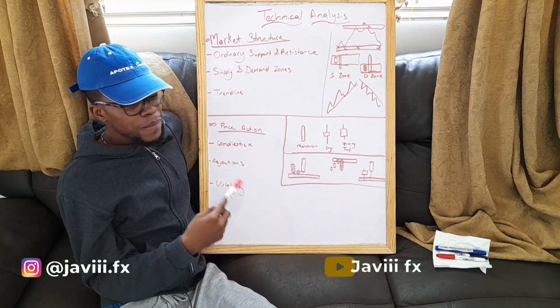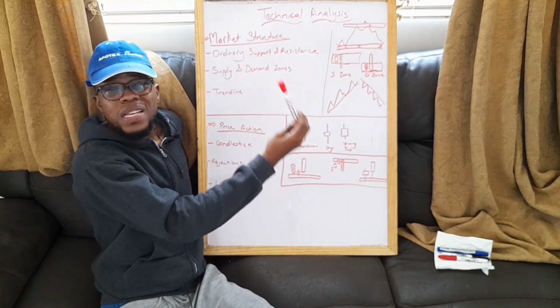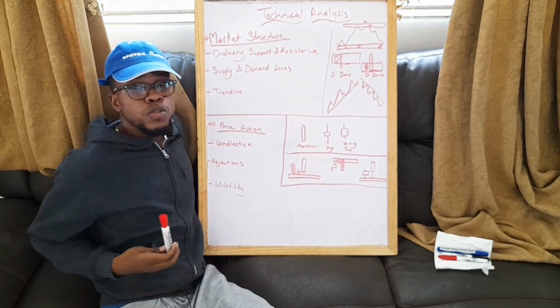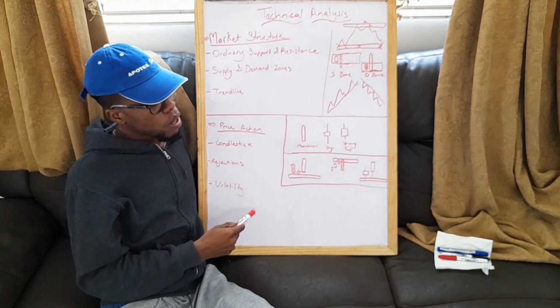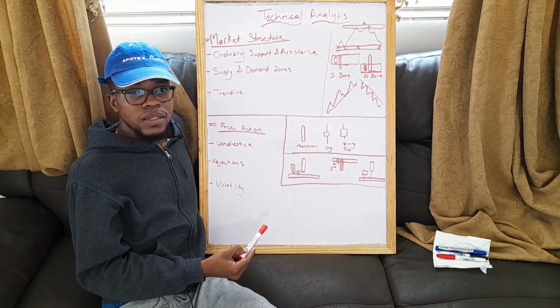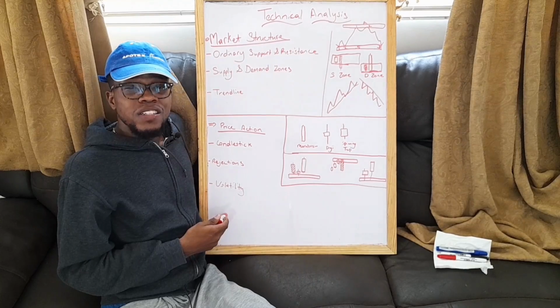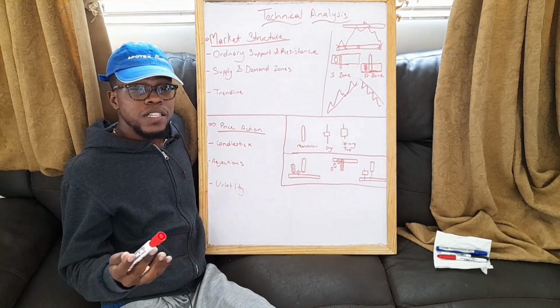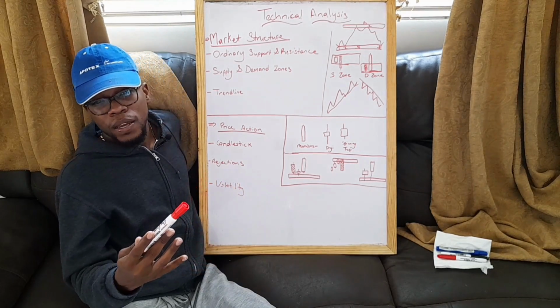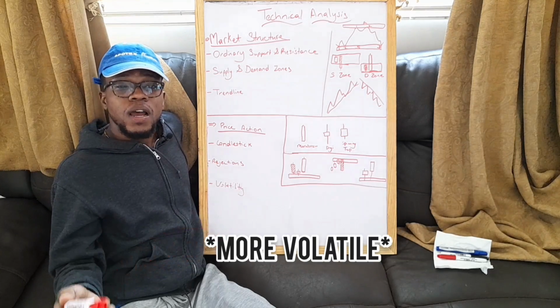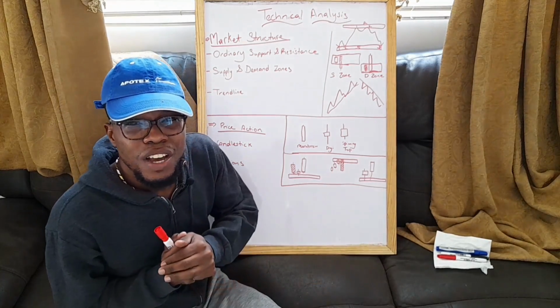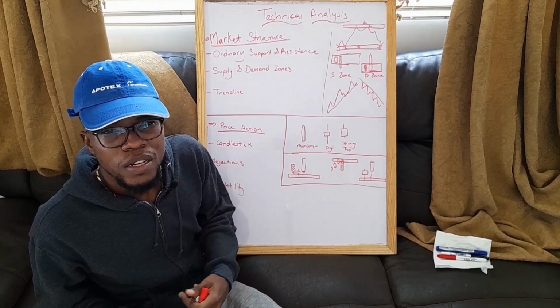Of course, I've been very, very basic, telling you the basic things that you need. Now it's just pointing you in the right direction as to what to study and what to look at. That's my aim doing this video. The volatility of a candle just relates to how fast the price moves from point A to point B. Some markets are more volatile than others. So with that said, this is Javiii. We're going to analyze a couple of charts. Peace.